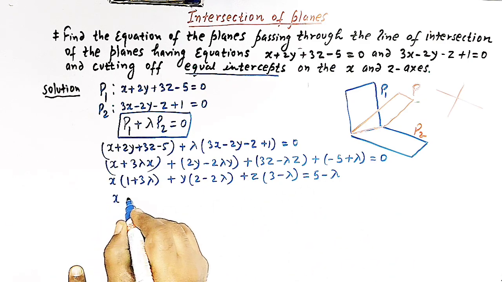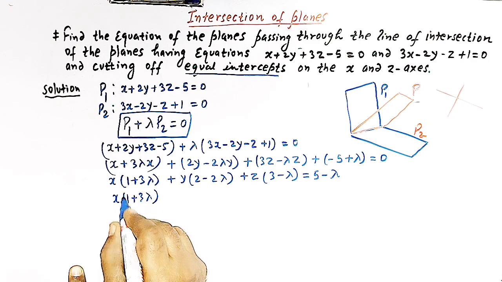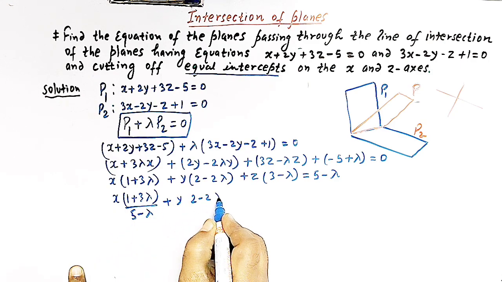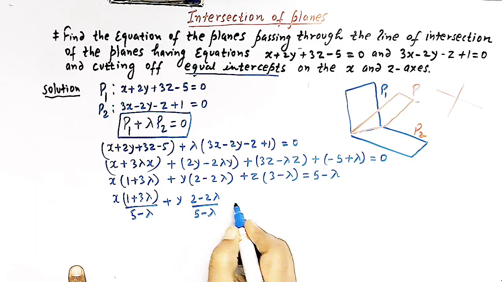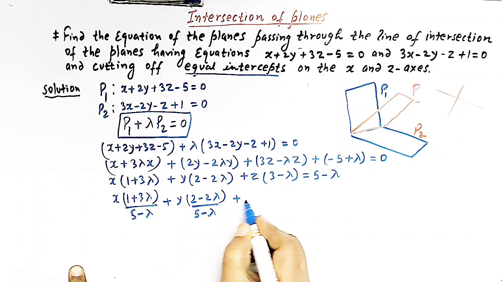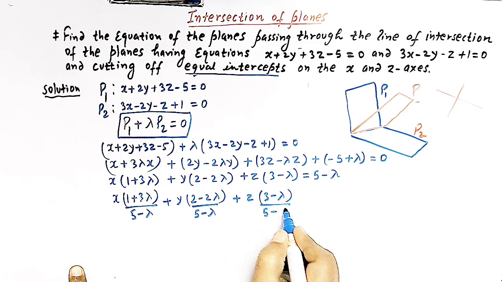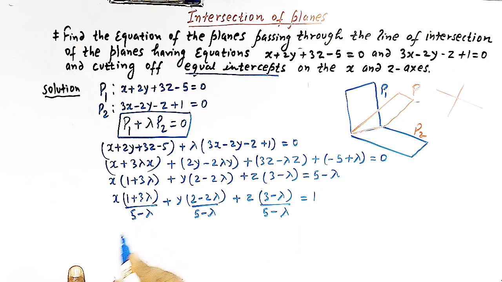So we have x, then we have (1 + 3λ)/(5 − λ), y (2 − 2λ)/(5 − λ), and then we have z (3 − λ)/(5 − λ), and here we have 1, right? And obviously we can also write this equation as x over (5 − λ)/(1 + 3λ).